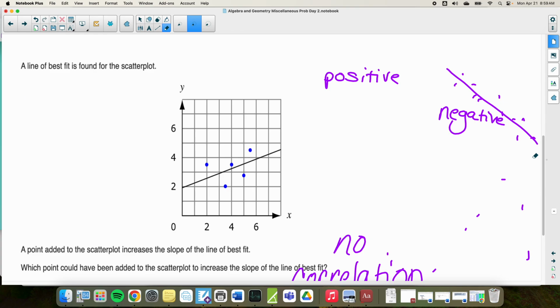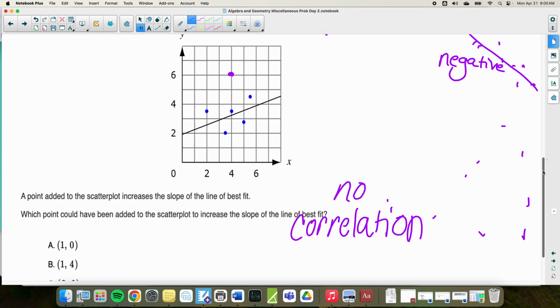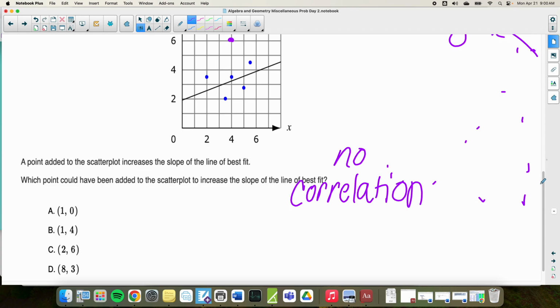Because if you put a point up here, that might change your line of best fit a little bit, okay? If they wanted you to decrease the slope, you'd put a point down here somewhere. So you would want a point that is up above that line, which would be like 2, 6 would be up here. That would be the one.